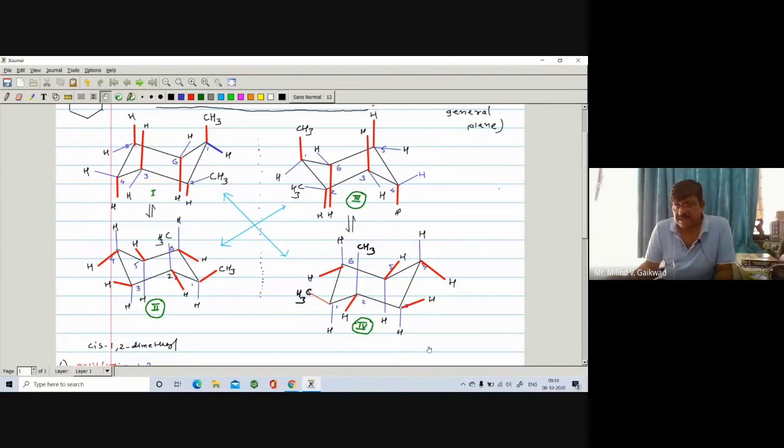And as they are the same, and you have also seen that they are enantiomers, the optical activity caused by one molecule is cancelled by the other molecule, as they have opposite optical activity. So as structure number 4 and structure number 1 are the same, they are optically inactive compound.